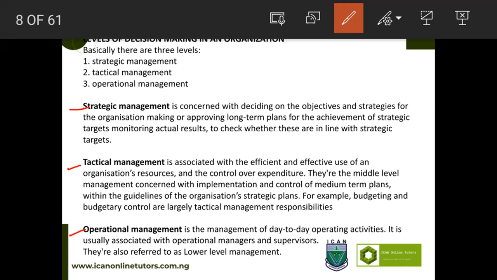Whereas when they make the decision, they will communicate it to the what? Tactical management. We call them top level management. The top level management or top level managers include the CEO, board of directors, head of unit, group heads, division heads, head of human resource management.